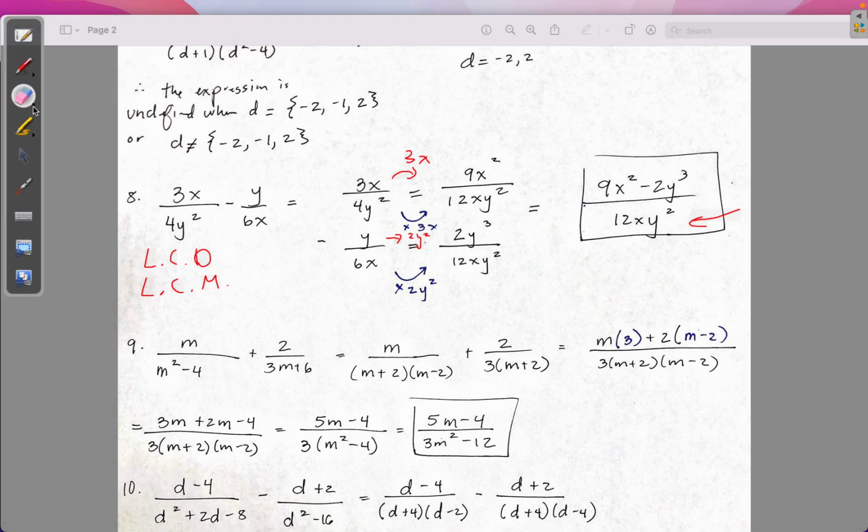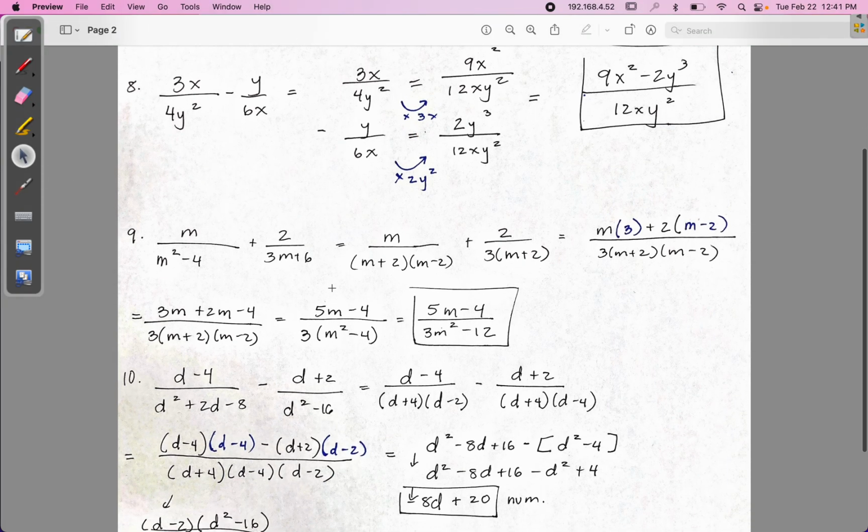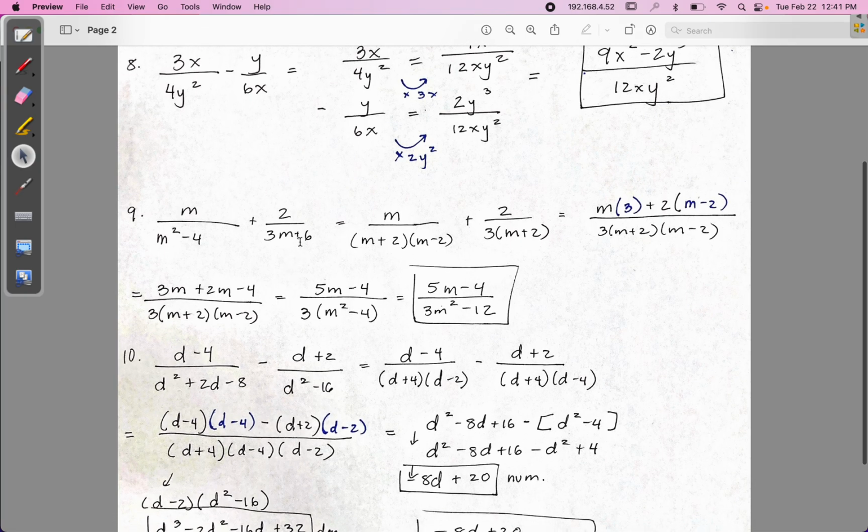In the upcoming problem, I think I took a slightly different tack, and that was, let's see, I also wanted to find a common denominator, but I wrote this out using a horizontal arrangement. So here are the original denominators.